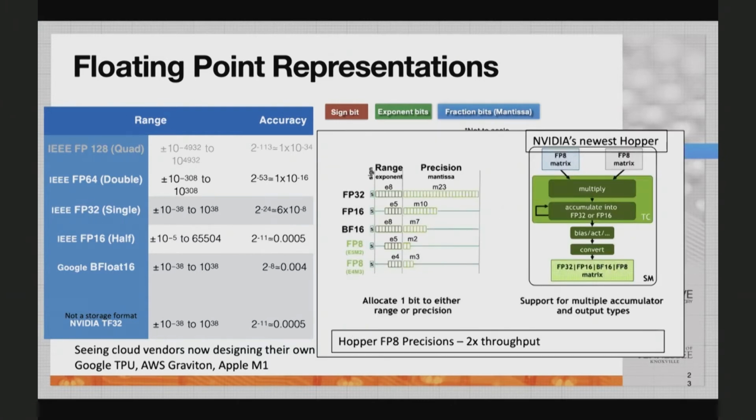And NVIDIA, with their newest line, Hopper, has even gone to shorter precision. They have a floating point 8 representation for doing operations. So they're going to operate where they have 5 bits for the exponent and 2 bits for keeping the fraction or the precision of the number in one of their formats.